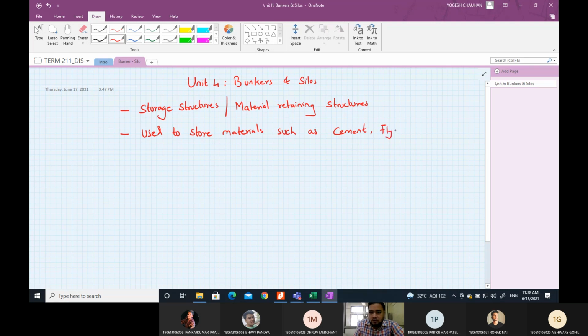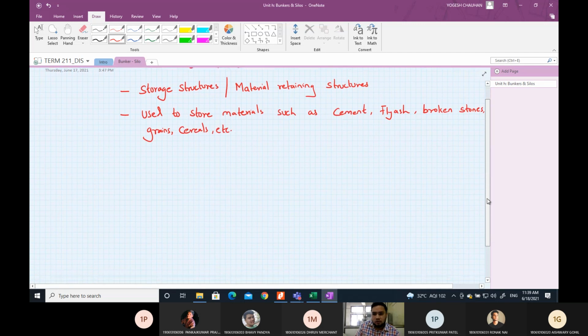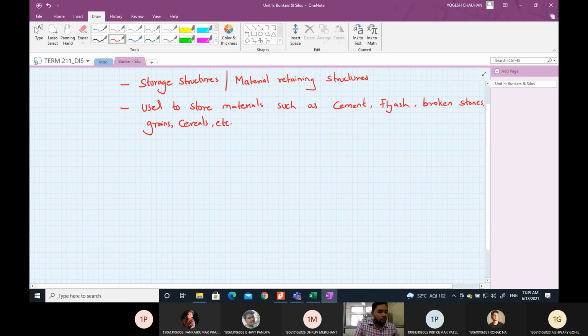Fly ash, broken stones, and grains in agricultural industry, cereals, etc. They are also commonly known as bins.